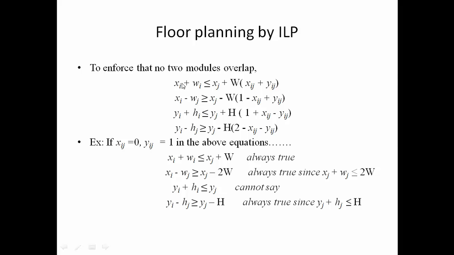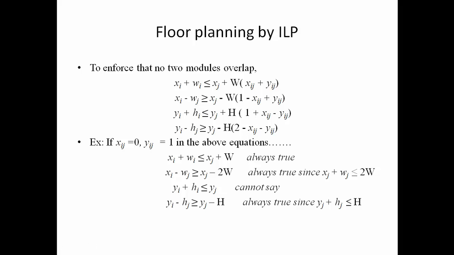See, what I have done is, to the original equation I have incorporated two 0 1 variables, that is binary variables xij and yij. Now what we can see from here is that for the four possible values of the xij yij pair, 0 0, 0 1, 1 0 and 1 1, one of them will be enforcing the condition and the other three will always be true.